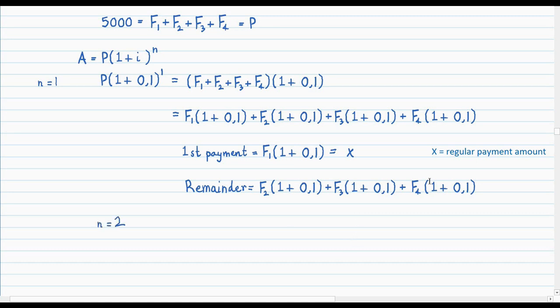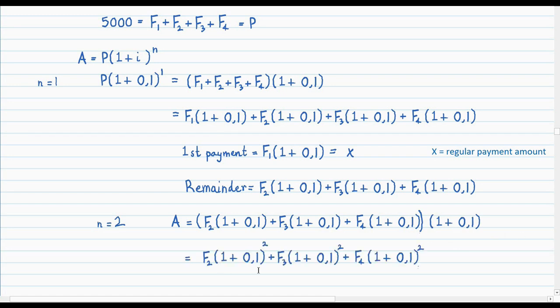So this remainder would accumulate interest. So the amount accumulated between the first and second year is the remainder times 1 plus 0,1. Then if you multiply it out, meaning multiply 1 plus 0,1 times each of these terms in the brackets, you get F2 times 1 plus 0,1 squared plus F3 times 1 plus 0,1 squared plus F4 times 1 plus 0,1 squared.